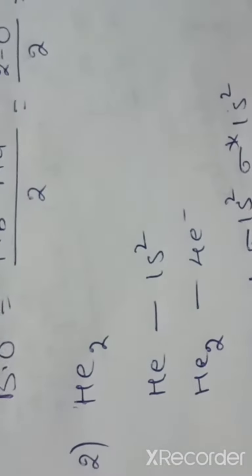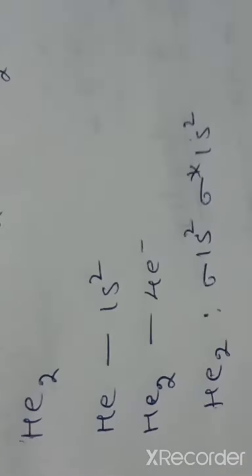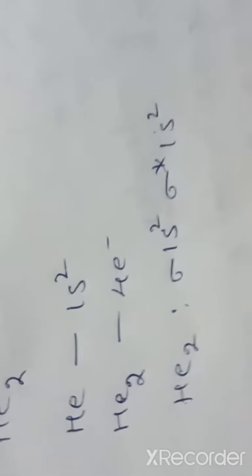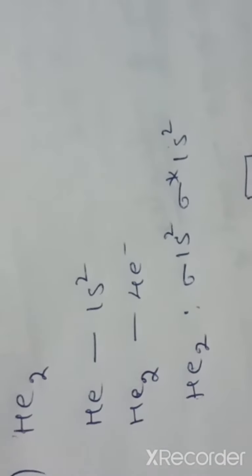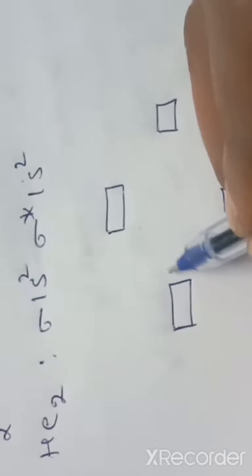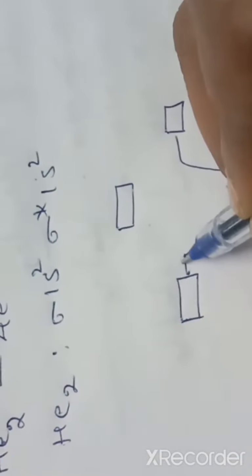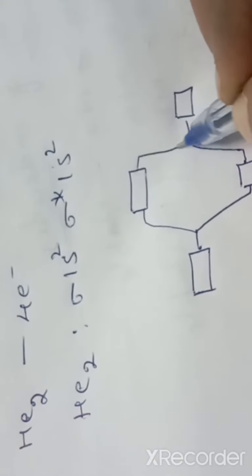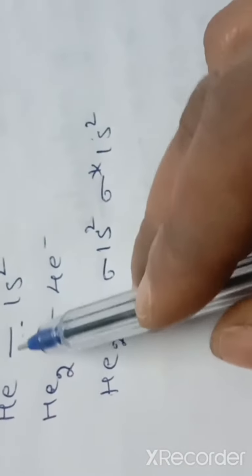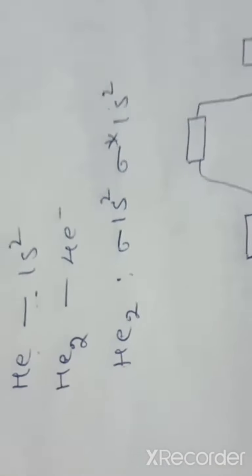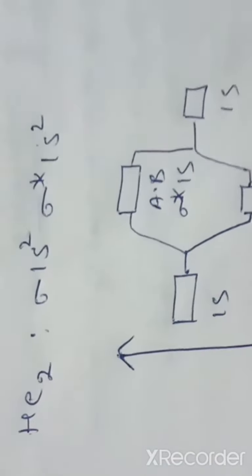So 2 plus 2, how many electrons? 4 electrons. If you see the molecular orbital diagram here, this is the first orbital. Look here, children, we have to draw the diagram like this.